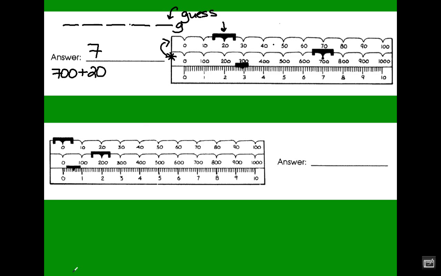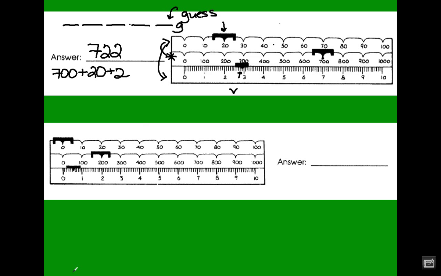So 700 plus 20 gives me 720, and then I go down to the bottom one. Now the slider here is kind of hard to see, but it does have a point down at the bottom that's about right there, if you can see it. That slider has gone past 2 grams, so 700 plus 20 plus 2 gives me 722.